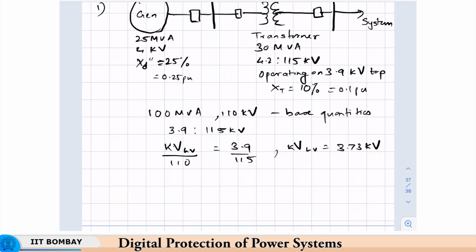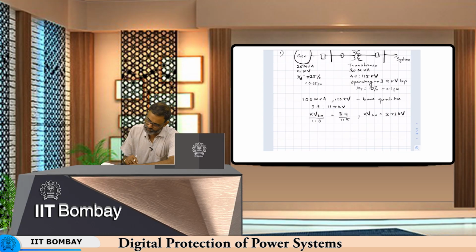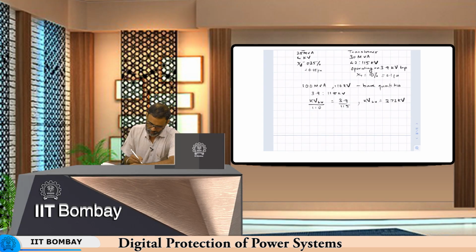Now, XT is equal to 10%, but you have to remember that this 10% is on a 3.9 kV, 30 MVA base. Now we have to convert it into a 3.73 kV, 100 MVA base. These are the old values, these are the new values.